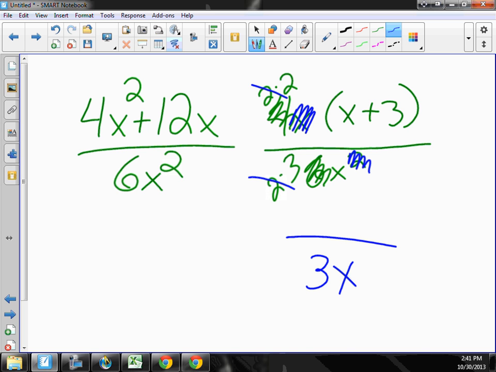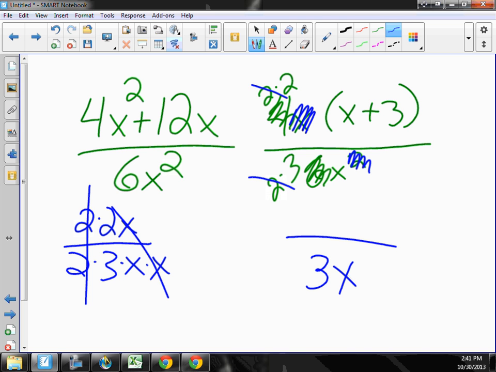Well, it was 2 times 2 times x over 2 times 3 times x times x. Well, it's not 4x anymore. Good. And remember, when we finish, we have to smash everything back down.